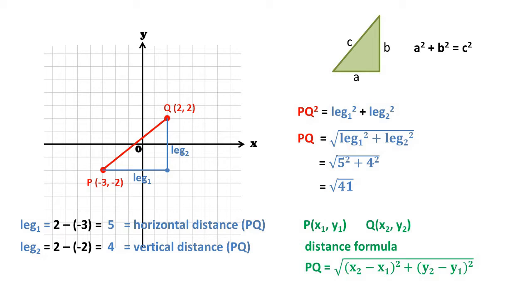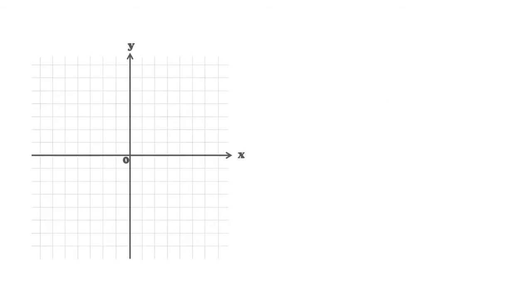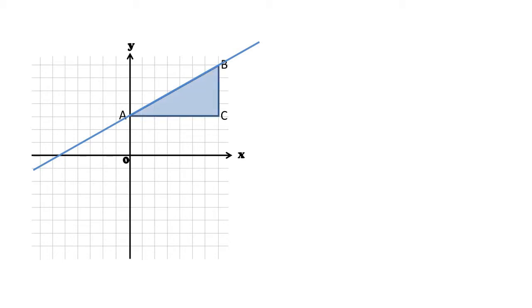Another concept that is important in this section is the tangent ratio of an acute angle. In a right-angled triangle ABC, angle C is a right angle, and angle A, theta, is an acute angle.